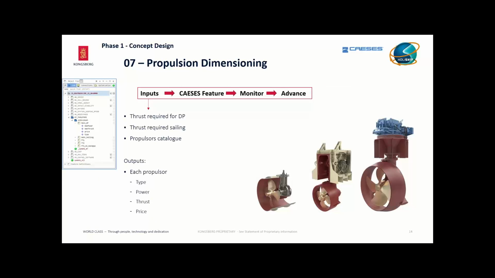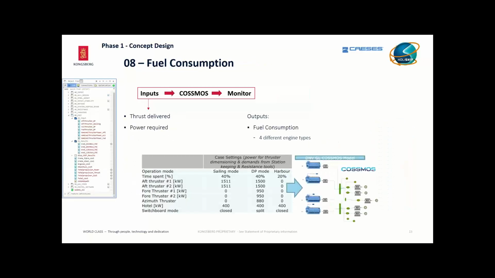The combination of thrust required for sailing and thrust required for DP goes through a feature that we wrote, and it checks inside our propulsion catalog which one is the cheapest that can fulfill the task. So the smallest possible. We have, of course, the highest diameter, but the smallest unit to reduce CAPEX and OPEX in the operation.